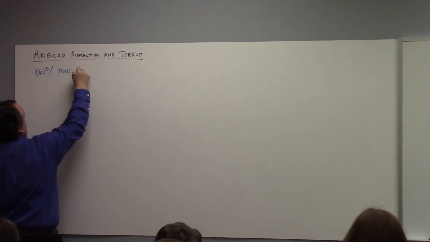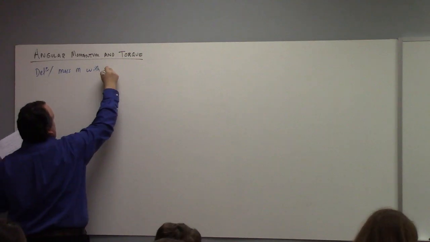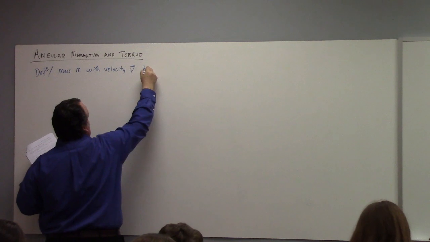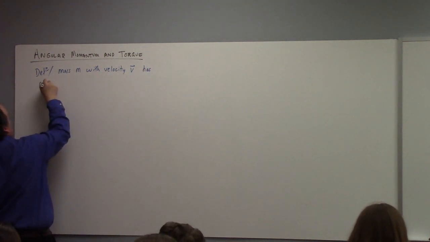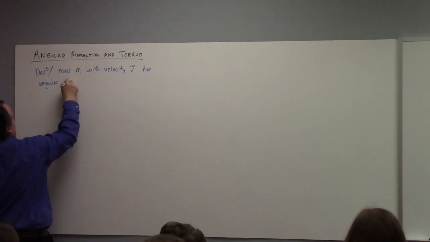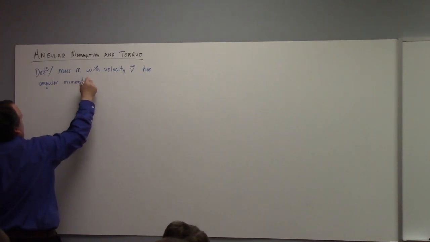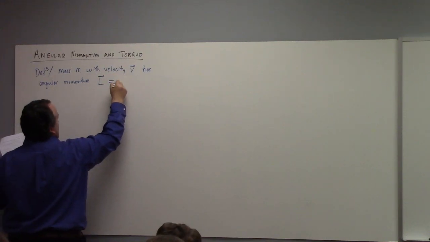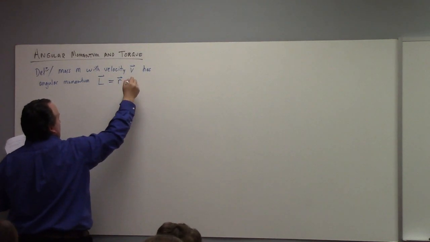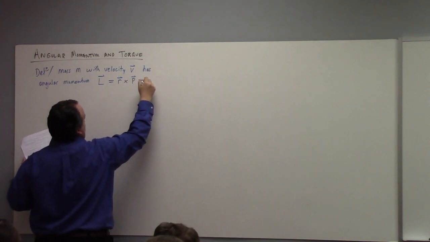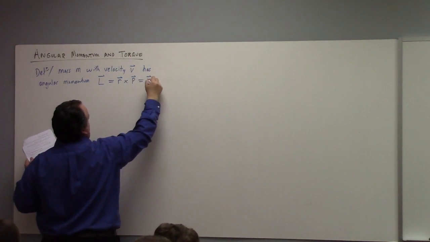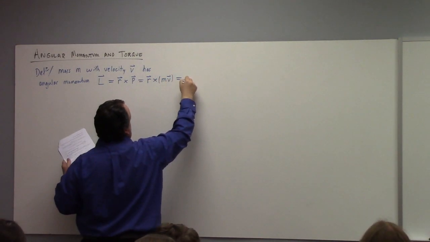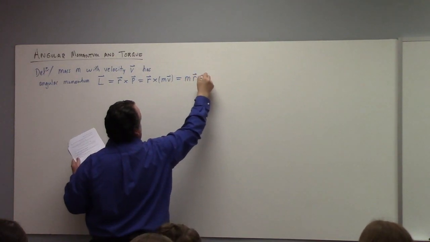Mass m with velocity v has angular momentum L, use capital L, it's a vector, and it's equal to the cross product of R with momentum, or if you prefer, R cross mass times velocity, or of course, we could write this as mass times R cross the velocity.